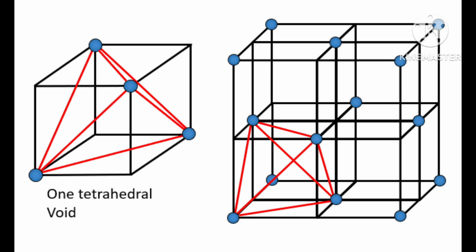Then how will you make them? First, on the upper face of the cube, in the middle you put one mark. The 4 corners are already there.